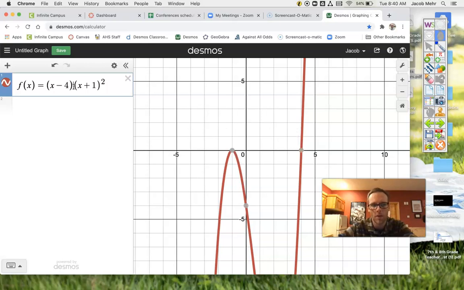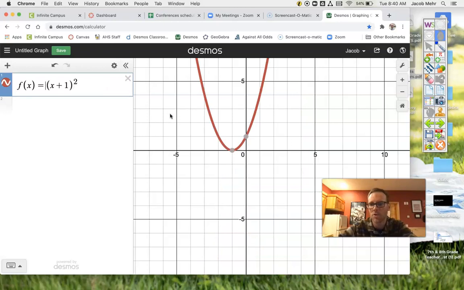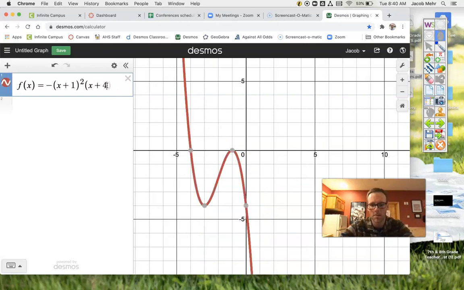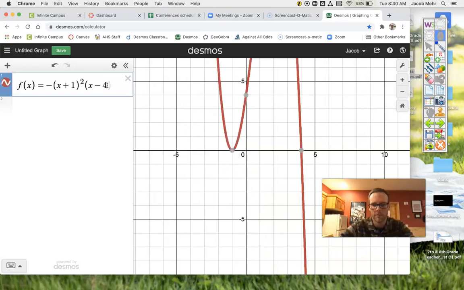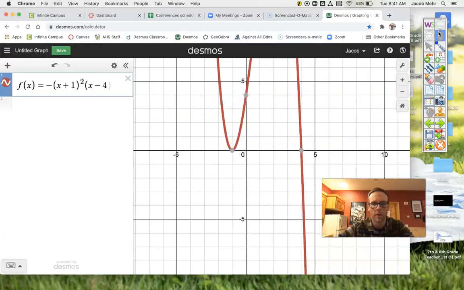And here's something that I want you to look at. Compare this to x plus 1 squared. That would be a parabola where the vertex is on the x-axis. And in fact, if I put a negative there, it kind of looks like that part of the graph that we had with the x minus 4. Is it x minus 4 or x plus 4? X minus 4. There we go.